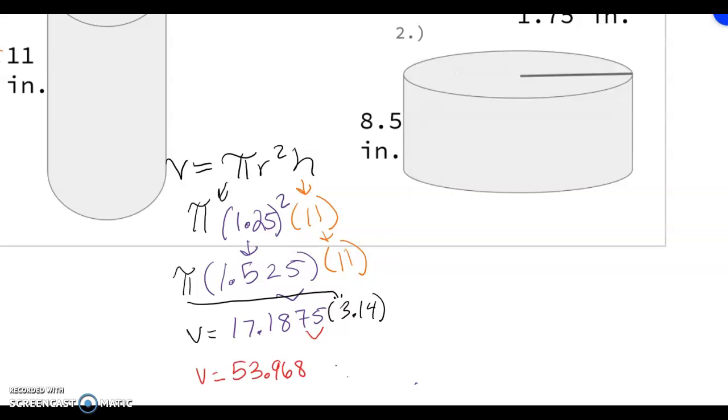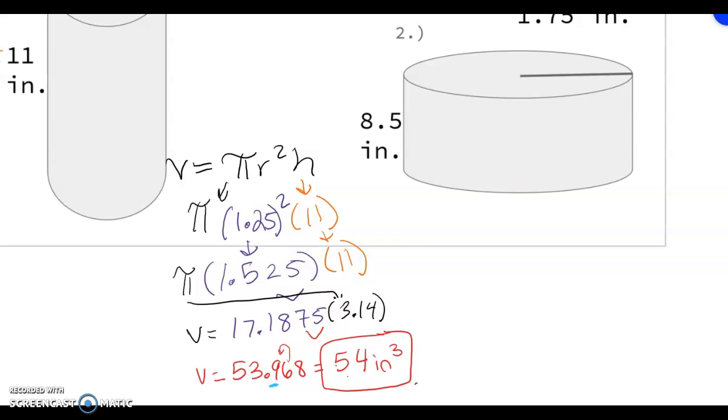And we're going to stop after the thousandths place because I want to round to the nearest tenth place, meaning I need to round this 9. Well, I know that the 6 is actually going to make this 9 go up and turn into a 0. So we have actually 54 inches cubed.